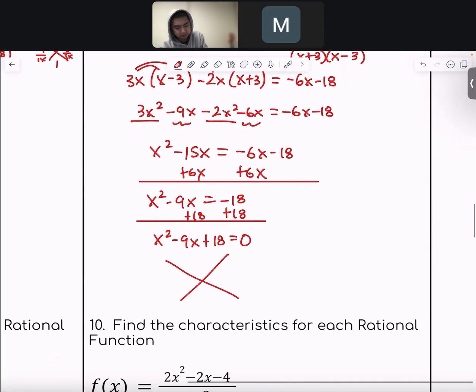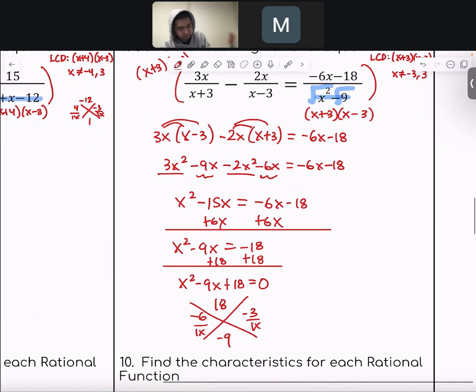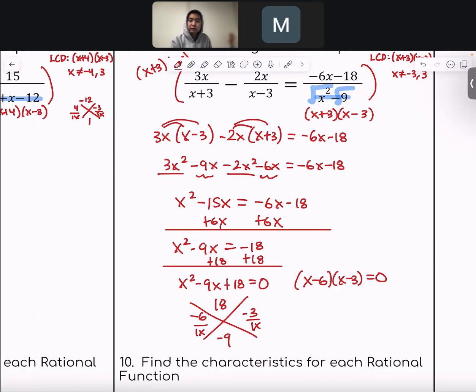And then you do x method, 18, negative 9, that's negative 6, negative 3, 1x, 1x. So basically our factors are x minus 6 and x minus 3 equals 0, right? So that means x equals 6 and 3.